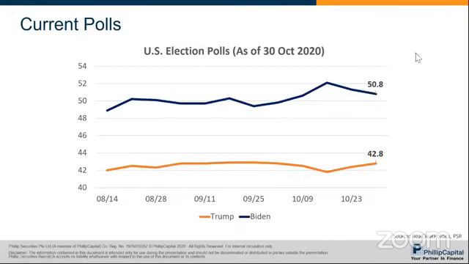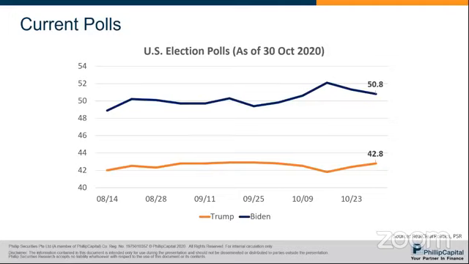First of all, we can take a look at the most recent poll as of today, 30th October. Biden is still leading Trump, not surprising. But what we should take note of is that there has been a consistent lead in terms of election polls. And this is important because if you compare it back to 2016, Clinton's polls tended to be more volatile, whereas for Biden it has been a very consistent lead.